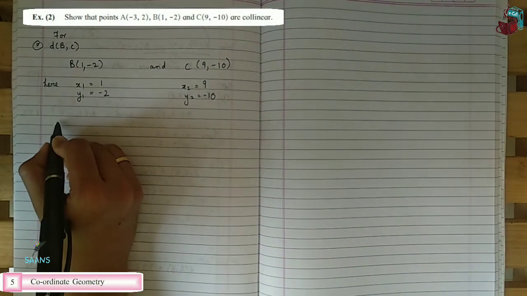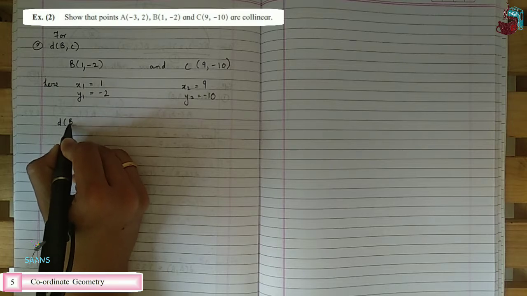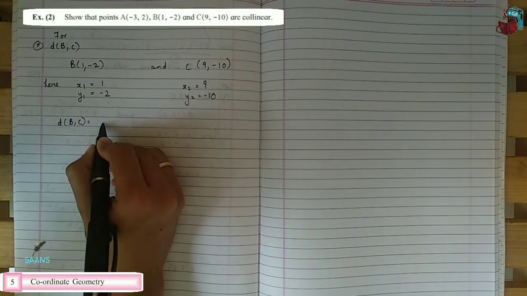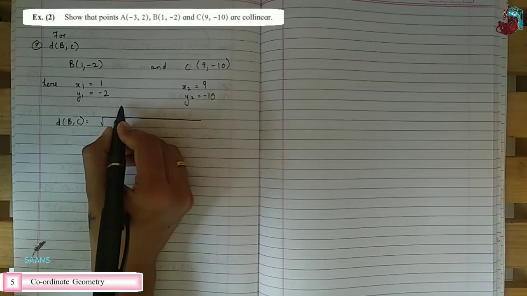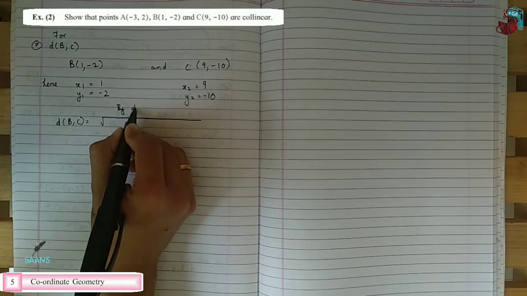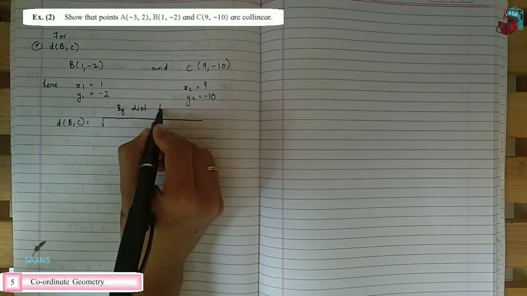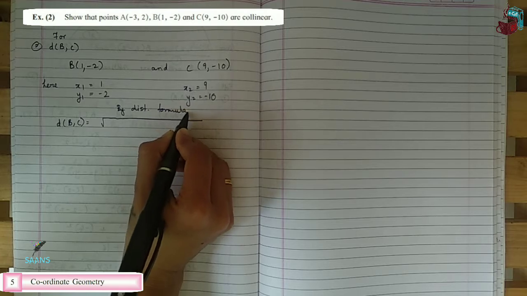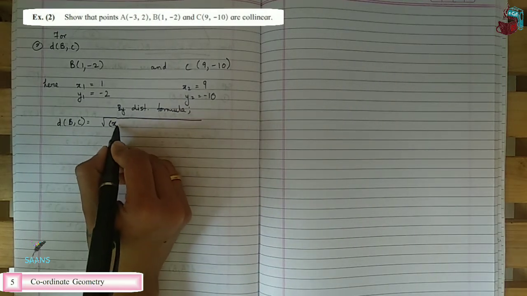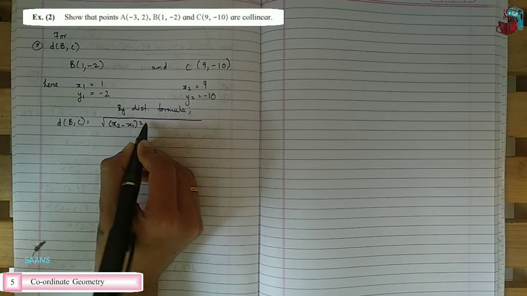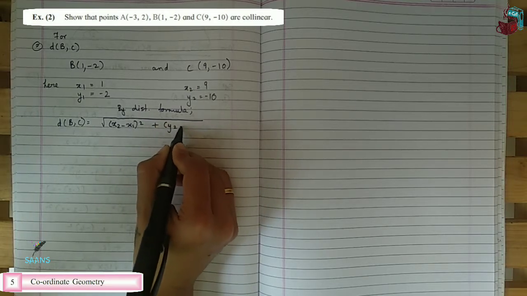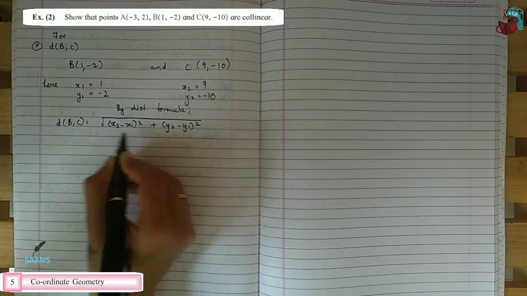Now we find distance BC. Therefore, distance B comma C is equal to under root, you have to write by distance formula. If you write, it will be better. x2 minus x1 the whole square plus y2 minus y1 the whole square.